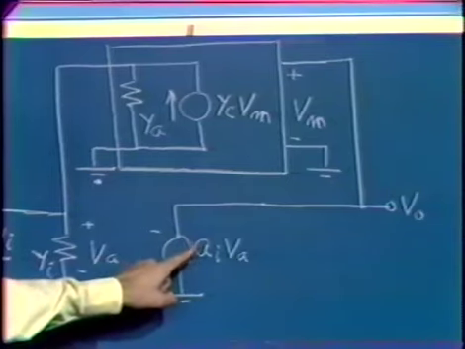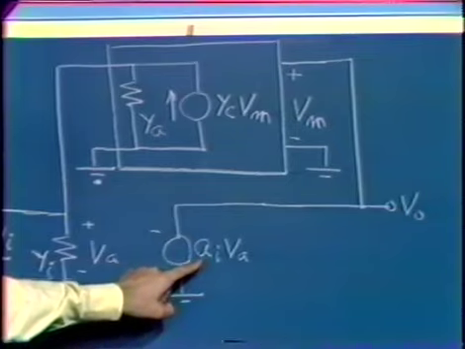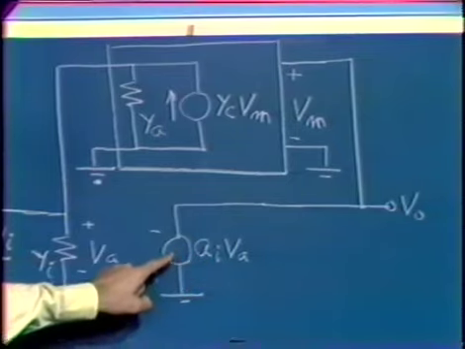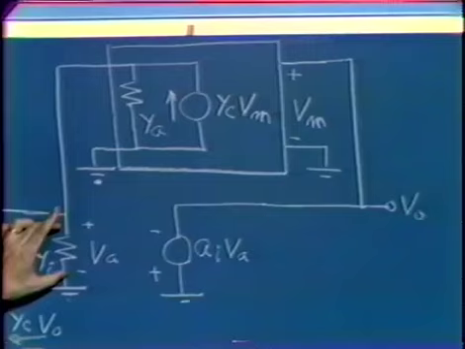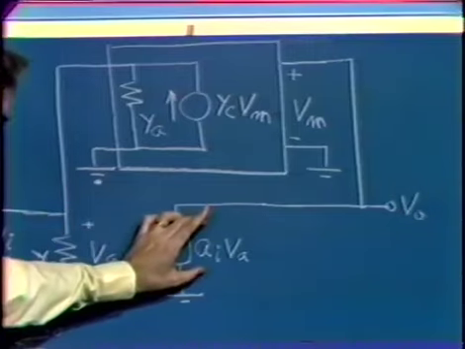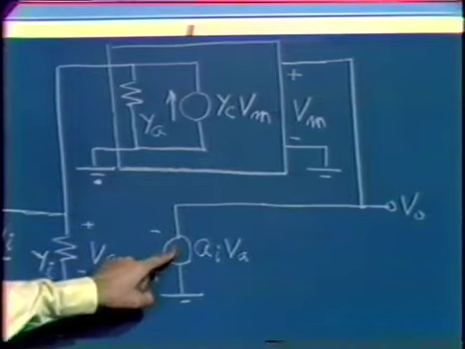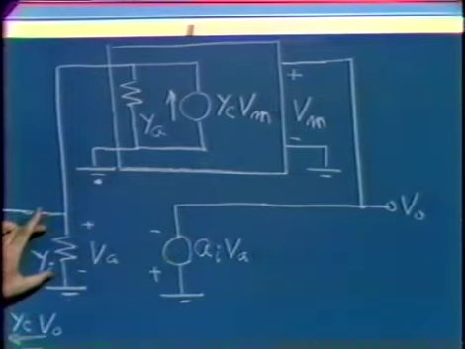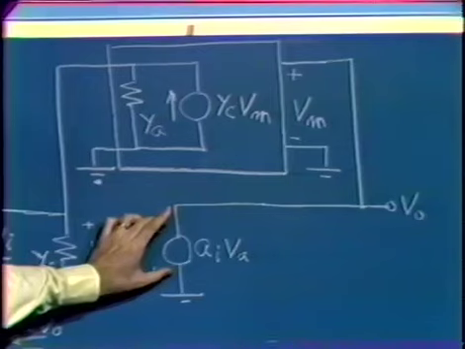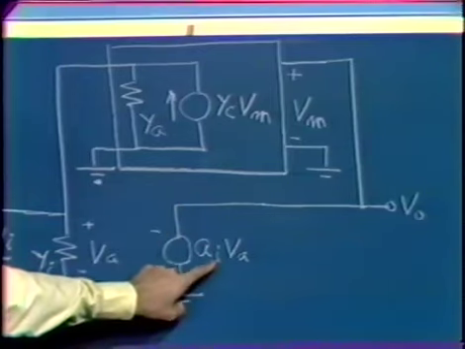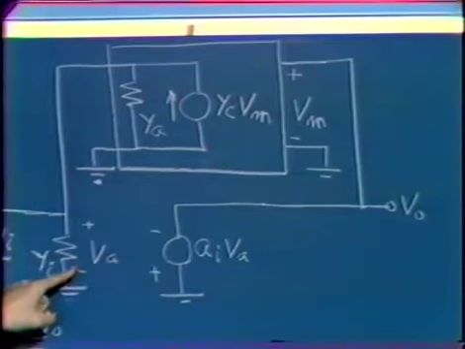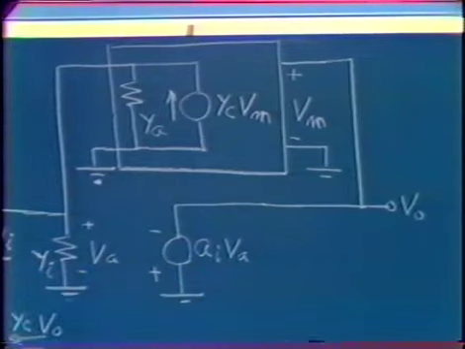Anyway, we assume that we can model the second stage as a dependent voltage source, and we'll call the gain from the input to the second stage to the output of the second stage simply A sub I. So we model the second stage as an input admittance Y sub I and a dependent generator whose magnitude is AI times the voltage applied to the input of the second stage.